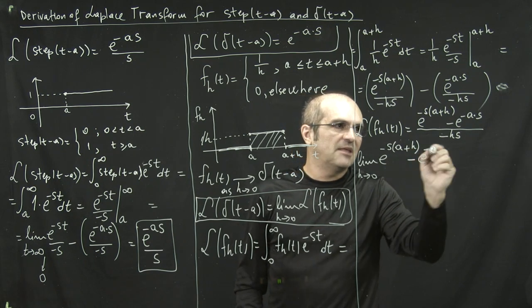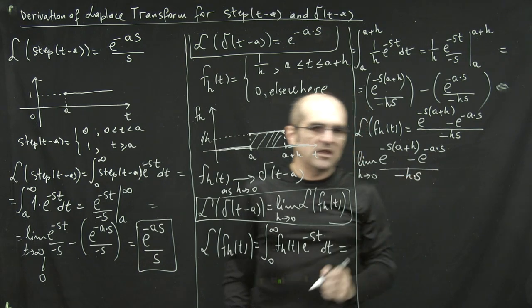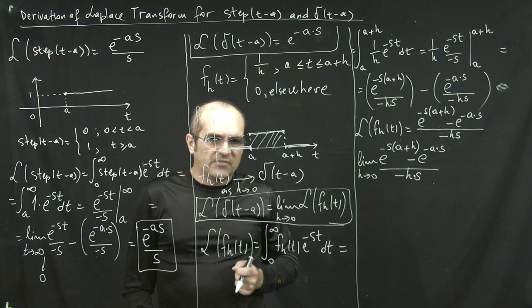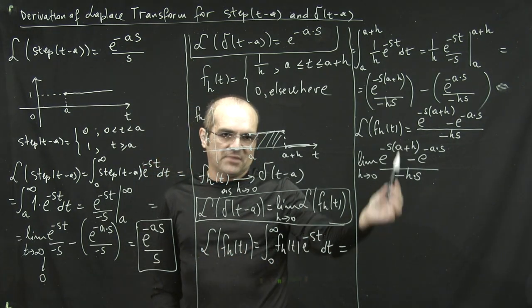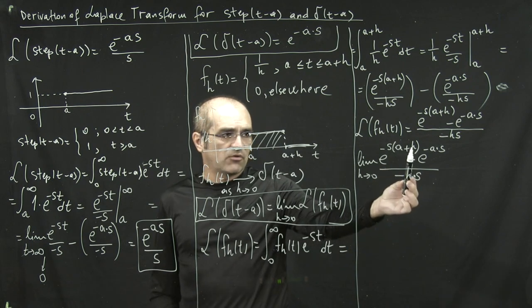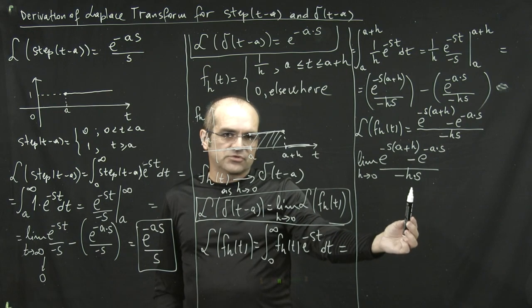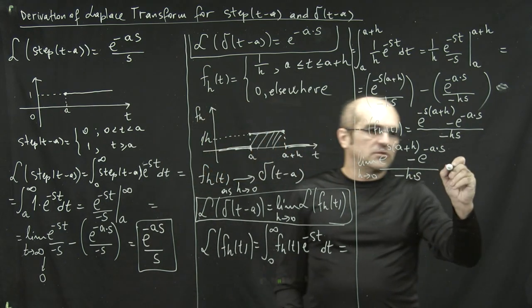We take the limit as h goes to 0 and treat everything else as a constant. And remember, we had something called L'Hopital's rule in calculus 1. If you look carefully, this is a 0 over 0 type limit. As h goes to 0, the difference on the top is 0, and on the bottom h goes to 0, so that's 0 over 0. So we can apply L'Hopital's rule.